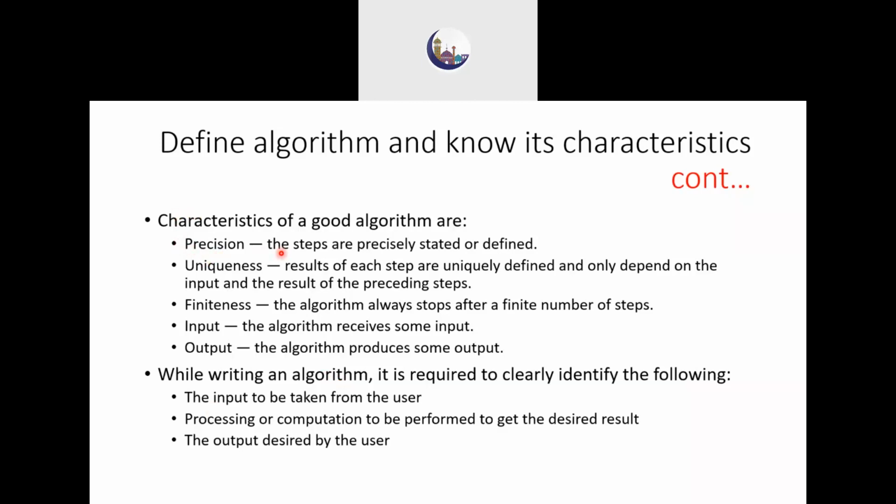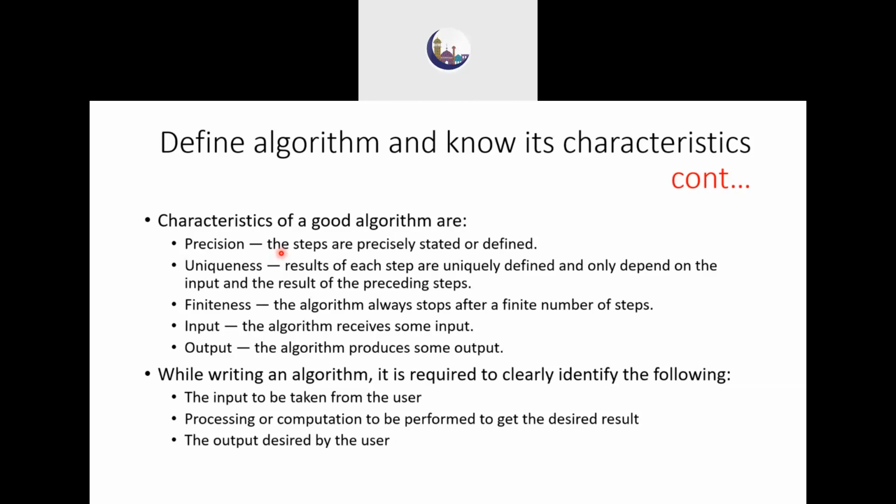For example, if I say calculate the addition of two numbers: step 1, read the first number. Step 2, read the second number. Step 3, compute the addition of the step 1 and step 2 numbers. Step 4, print the result. Right? I'm taking 4 steps to resolve my problem.